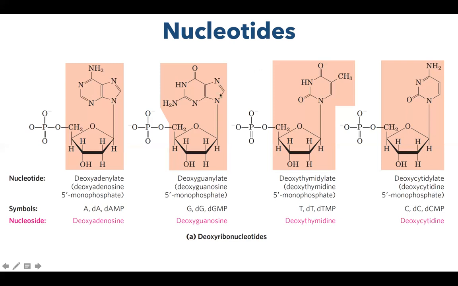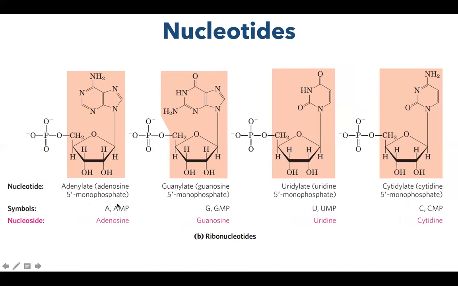So these are our deoxyribonucleotides. For our ribonucleotides, we have adenylate or adenosine 5' monophosphate, guanylate or guanosine 5' monophosphate, uridylate or uridine 5' monophosphate, and cytidylate or cytidine 5' monophosphate.